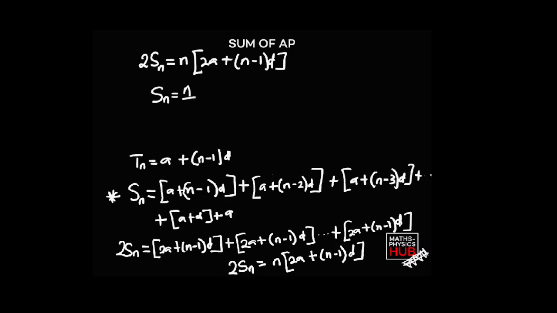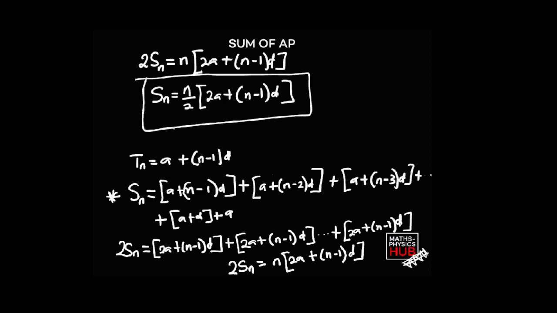So we'll divide both sides by 2. So we have n over 2 times 2a plus n minus 1 times d. So this is going to be the sum of an arithmetic progression. So this is the sum of AP. You get this formula clear now?